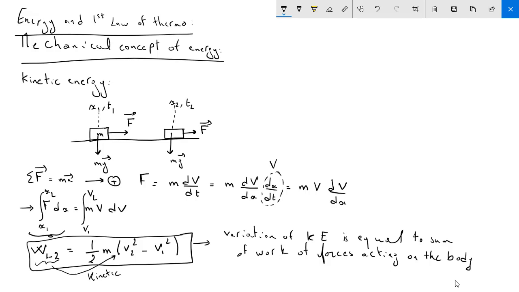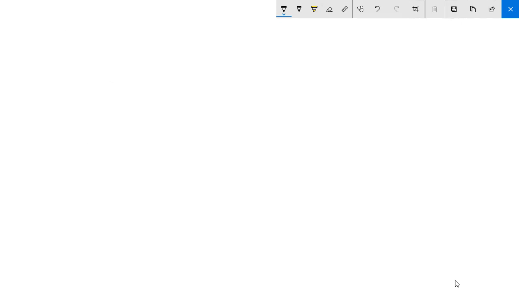The other form of energy is the potential energy.